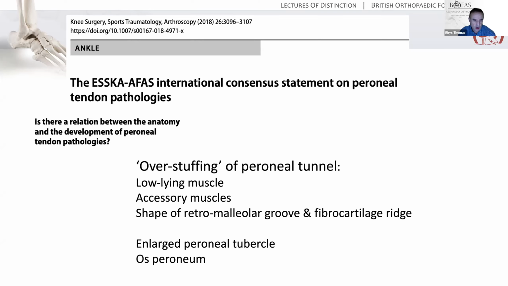They felt that overstuffing of the peroneal tunnel was important, and this can be caused by things we're going to look at, such as a low-lying muscle belly of peroneus brevis, accessory muscles, the shape of the retromalleolar groove and the fibrocartilaginous ridge, potentially an enlarged peroneal tubercle, and the sesamoid os peroneum.